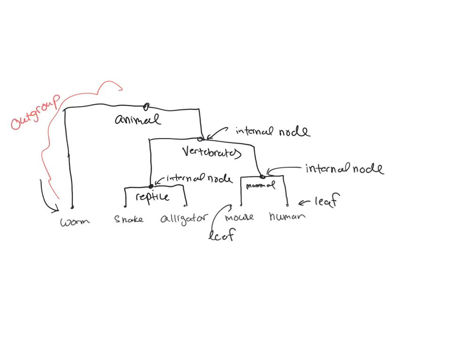It's kind of separate from the rest of the tree. What it allows us to do is form right here a root of the tree. This is a tree, so the roots are at the top, of course. And there's the root. So we basically have leaves, which are all alive today, internal nodes that are ancestors, roots, which are the furthest back ancestor, and then outgroups that are less related.